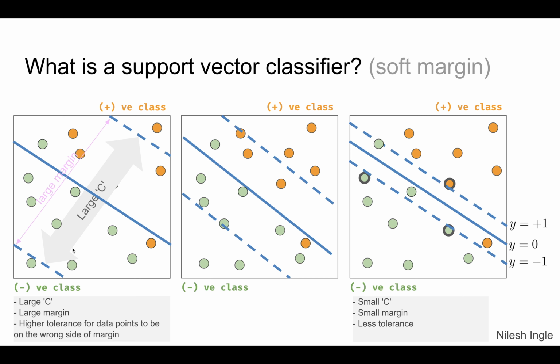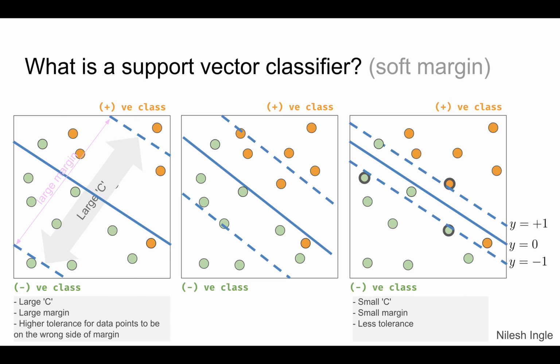Now, as mentioned earlier, we can tune how much of the misclassification we want to allow. So how many data points we think would be okay if they are on the wrong side, and that can be set by a parameter c. If the value of c is large, then we get a larger margin. So the distance between these two dotted lines would be much larger, and there will be more room for the data points to stay on either side, but still the value of zeta would be much lesser.